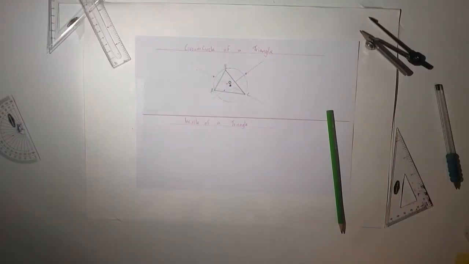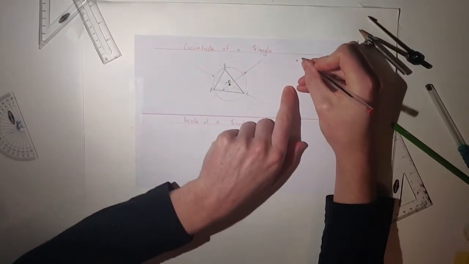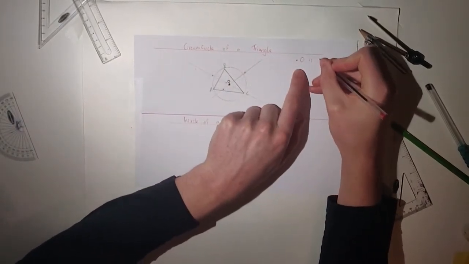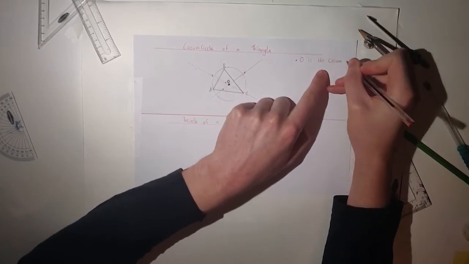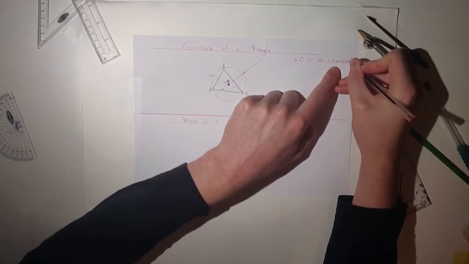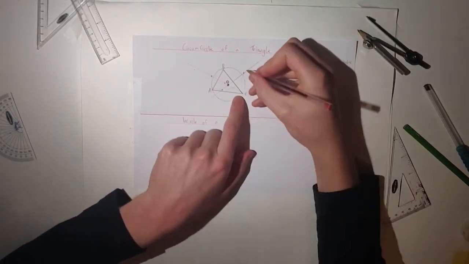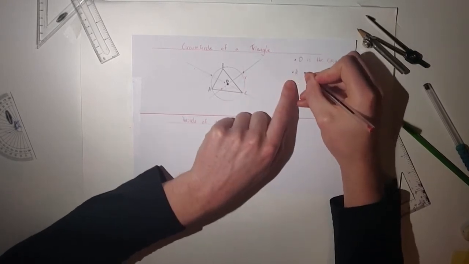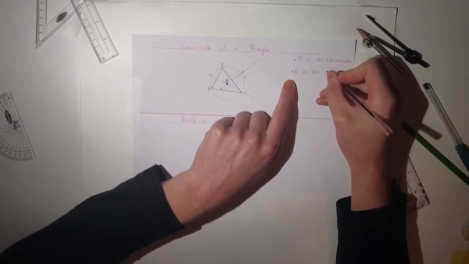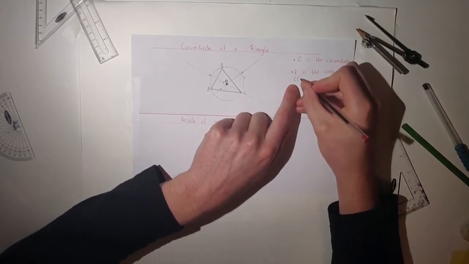So here, what I can say is that O is the circumcenter, and the circle, we're just going to give the circle K. So K is the circle, which we know the circle is called the circle.